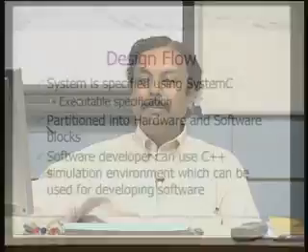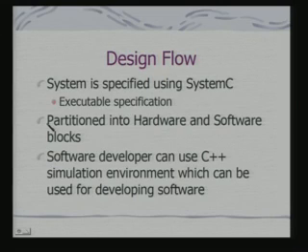Okay? So once we have this executable specification, it gets partitioned into hardware and software blocks. And a software developer can use a C++ simulation environment, which can be used for developing as well as testing the software.